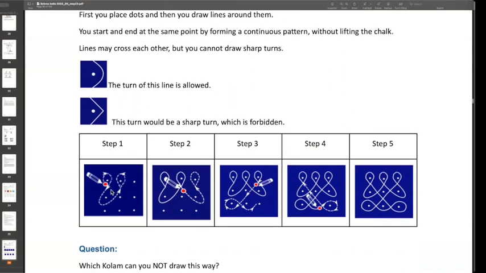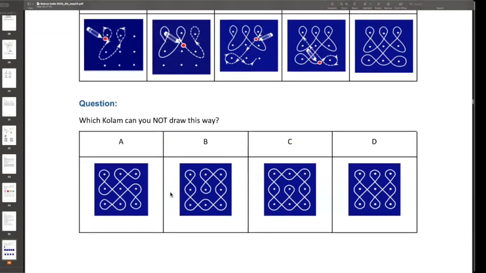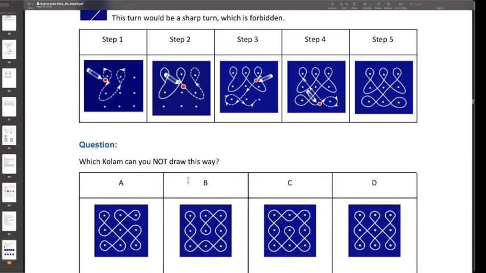So this is an example where the pattern is drawn in this way, and it ends up in a continuous loop. So the question is, using this set of rules in this art style, which of these cannot be drawn?